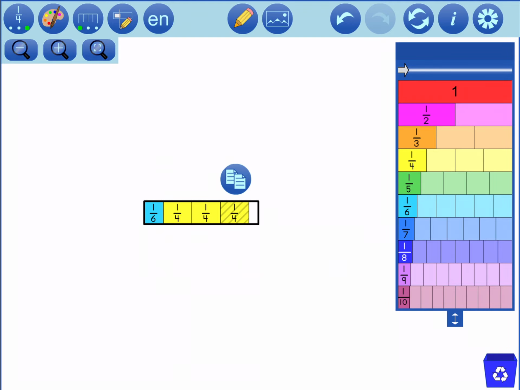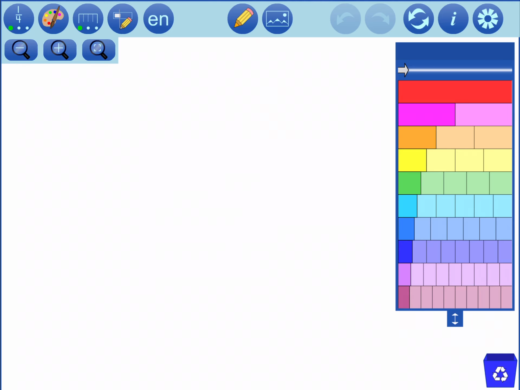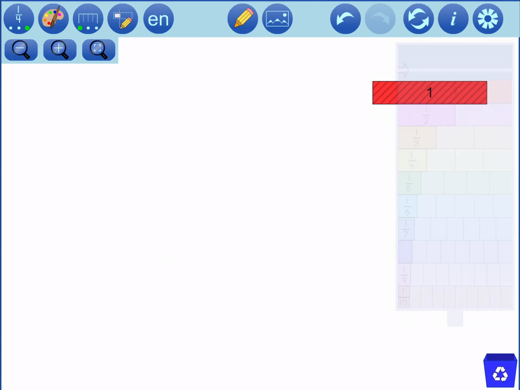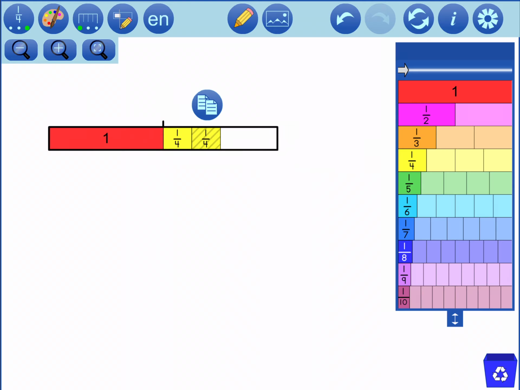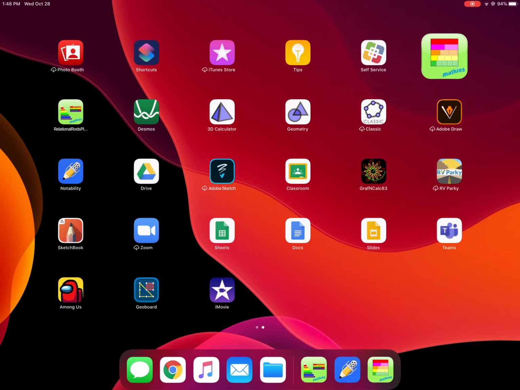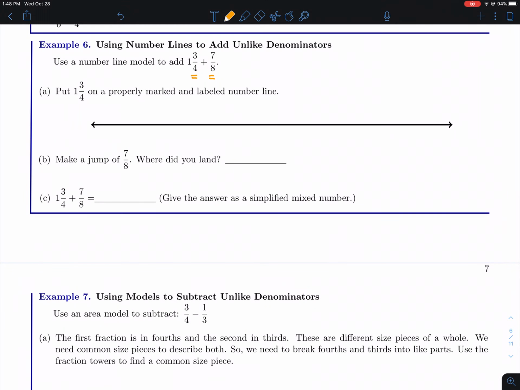Let's clear this out. So 1 3/4, we could bring just a whole 1, and then 3/4 over. And then to that we were adding, what, 7/8, I think? Is that what it was? 7/8, good.